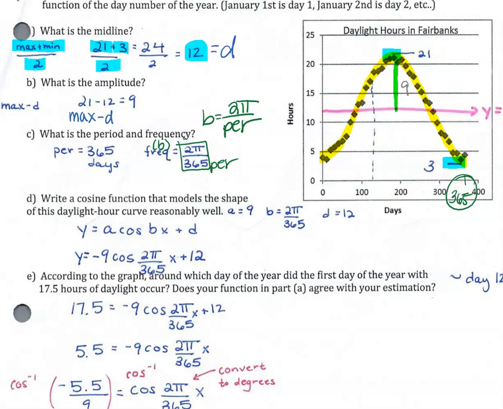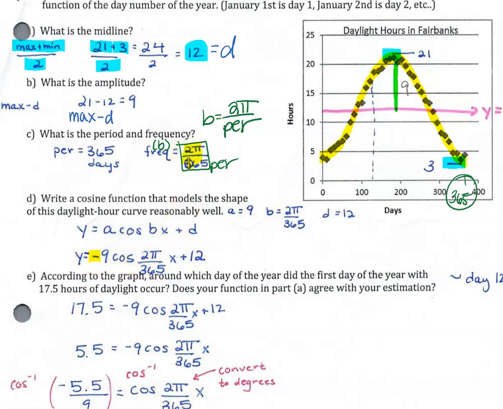2 pi over 365. Now, putting it all together into a cosine curve, which makes sense because it looks like a cosine curve, using A, B, and D. A is your amplitude, B is your frequency, D is your midline. I'm going to plug in the 9 for the amplitude, but notice there's a negative because it's a negative cosine curve. It's starting below the midline.